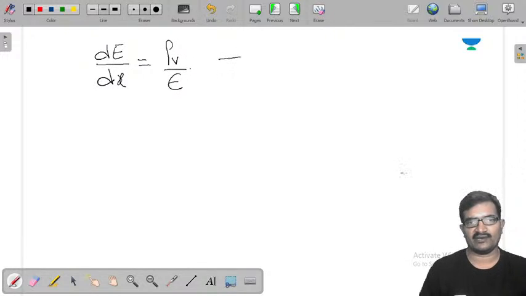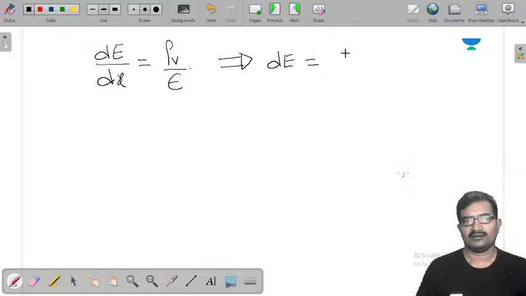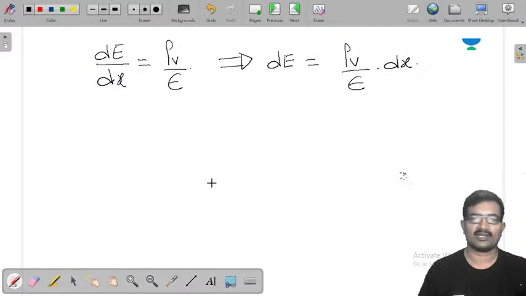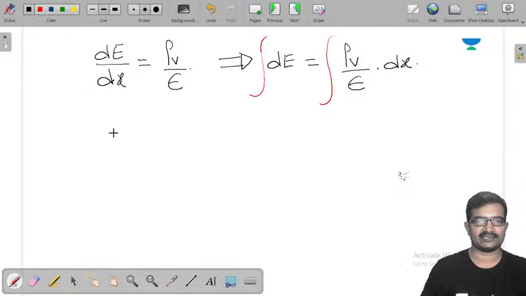From this I am writing dE equals rho v by epsilon into dx. Now I am taking integration on both sides. Integral dE is E.